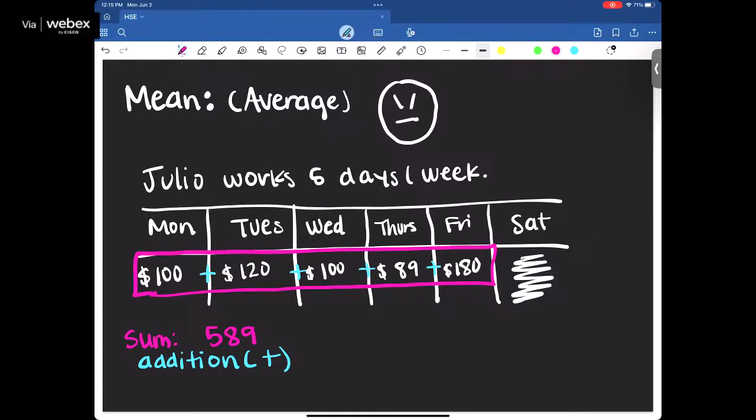After we find the sum, we need to find the quotient. That's another vocabulary word. Quotient means to divide.